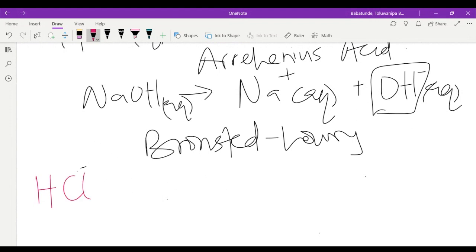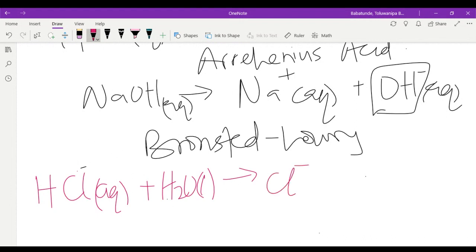HCl aqueous is going to dissolve in water, right? To give chloride ion and hydronium ion.